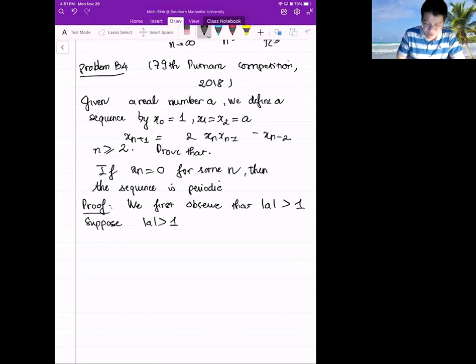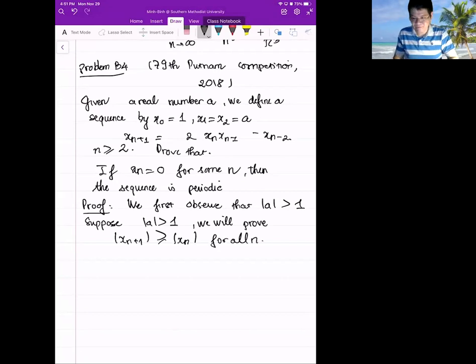We will prove that x_{n+1} is bigger than or equal to x_n for all n. If A is bigger than 1, then x_{n+1} is bigger than x_n.